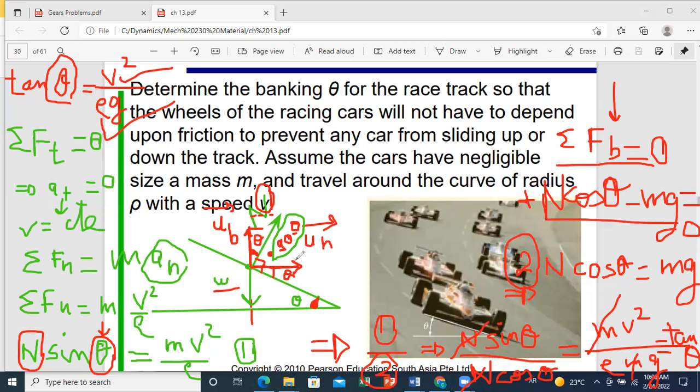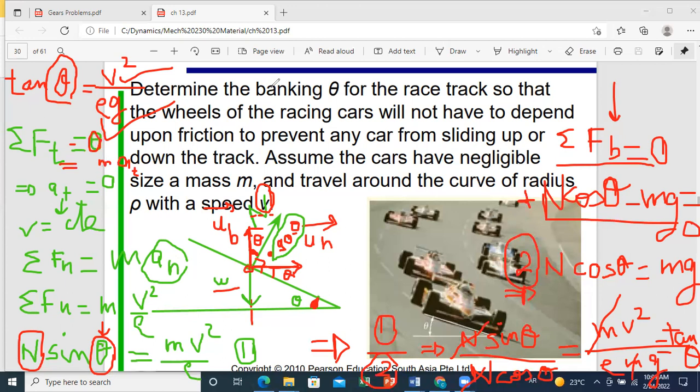However, when you apply it on UT, do you have any projection on UT? No. You will just get the sum of T equals 0, and the sum of T is equal to m a_T. This means no tangential acceleration. a_T is 0. And you expected this because you are designing based on constant velocity V. Okay. Thank you. Welcome.